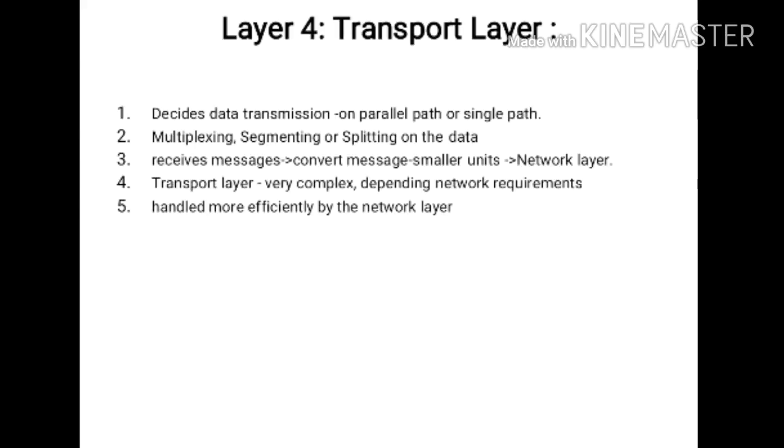Then the fourth layer, the transport layer. It decides if data transmission should be on the parallel path or single path. Functions such as multiplexing, segmenting, and splitting of the data are done by this layer.